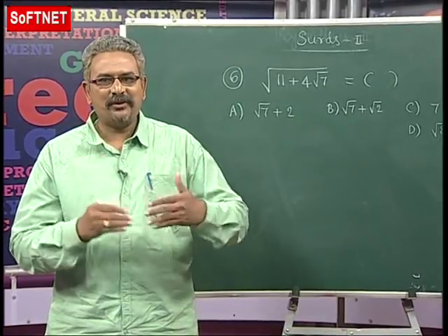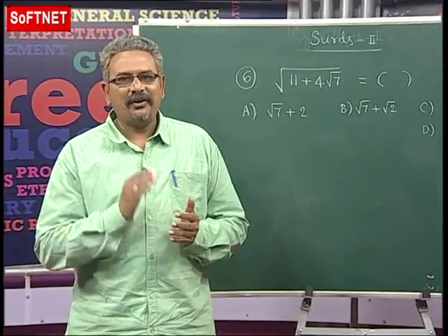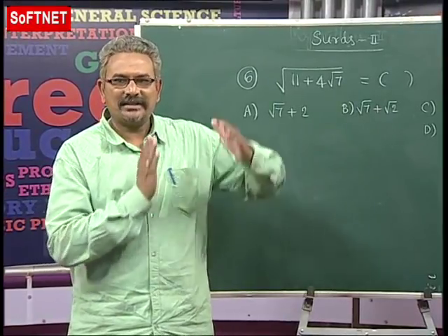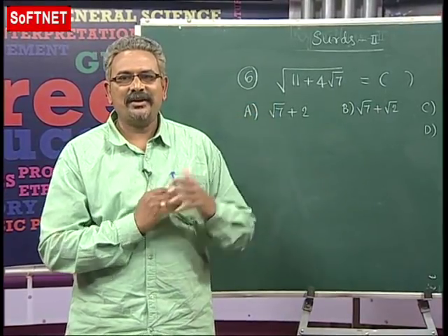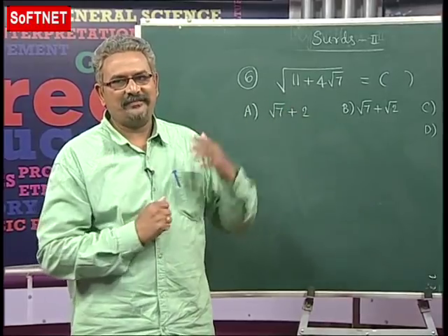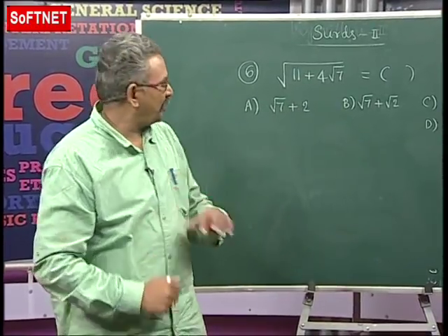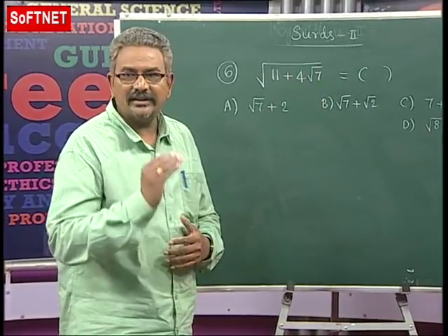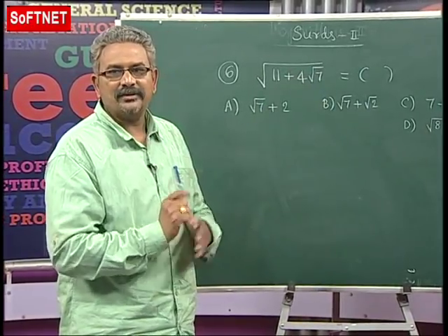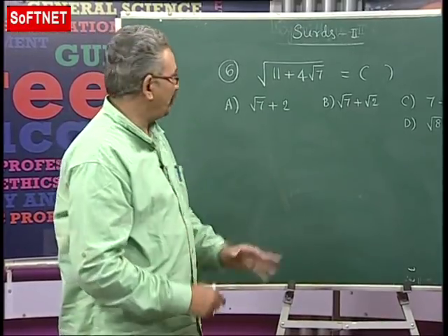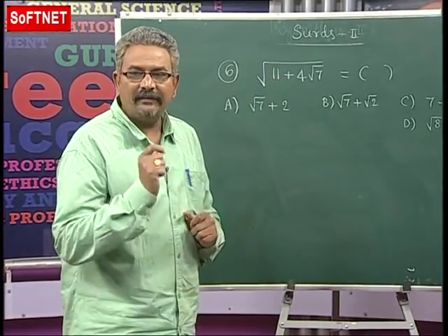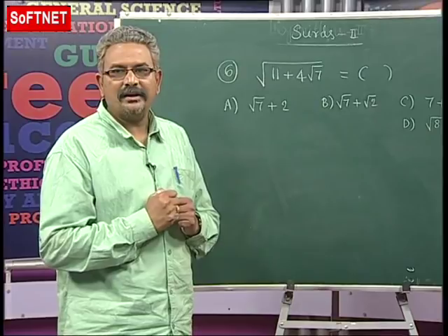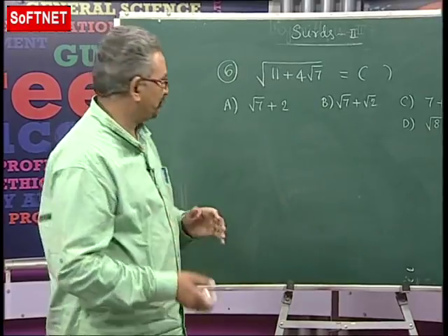So that means we have to put it in the form of 2 root xy such that we can write the values in root x plus root y form. So that's why first of all we have to change this 4 root 7 as 2 root of something. Then after that easily we can find out the square root of the given binomial surd, which is in the form of a plus root b. Okay.